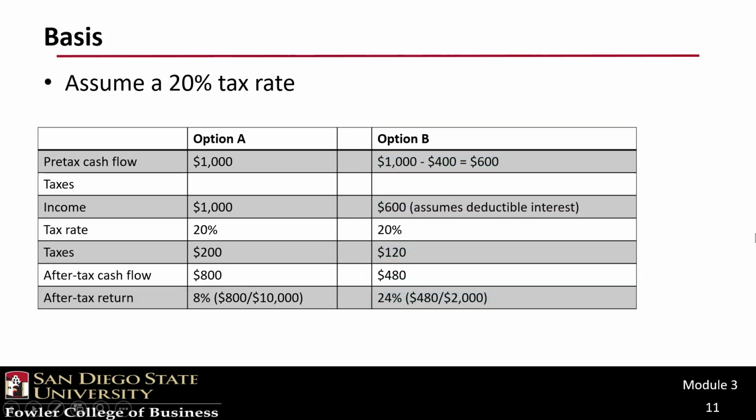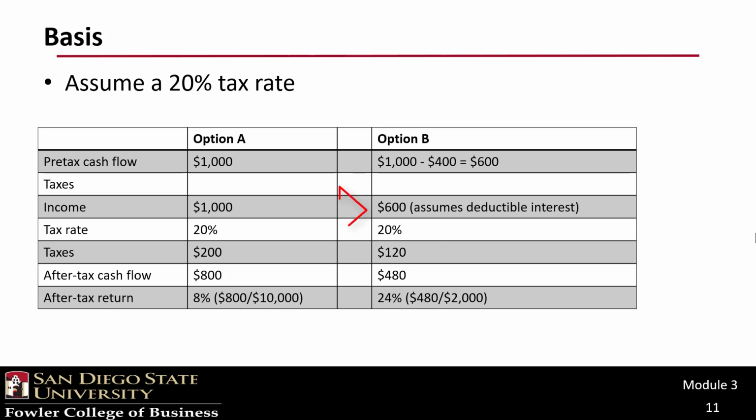If we look at the same except for the option in which we borrow money, now the pre-tax cash flow is that $1,000 of income, but we also have to pay the $400 of interest expense each year. That means our pre-tax cash flow nets to only $600.